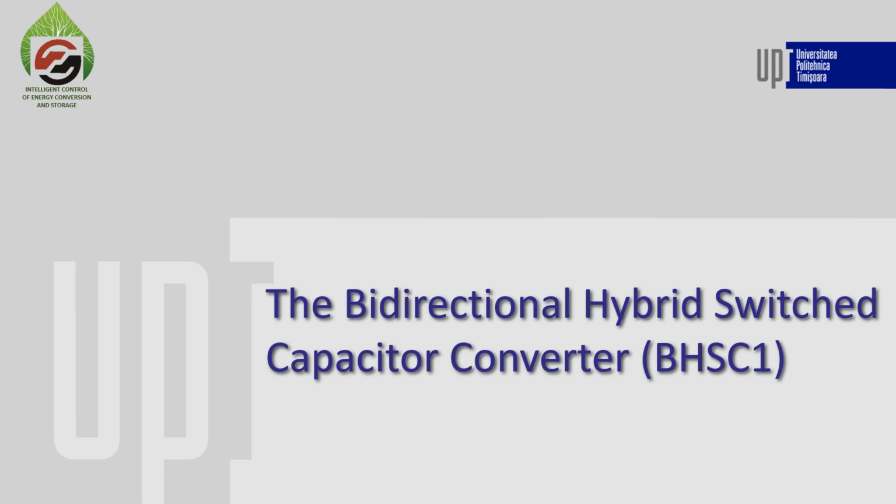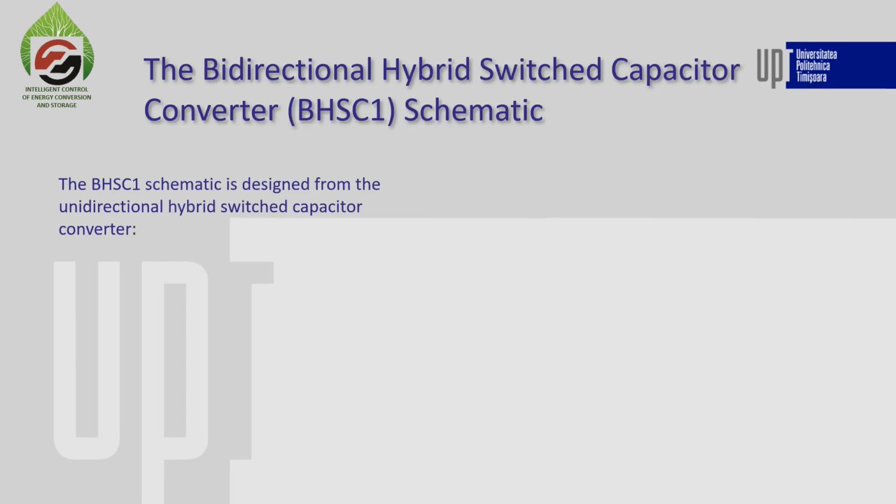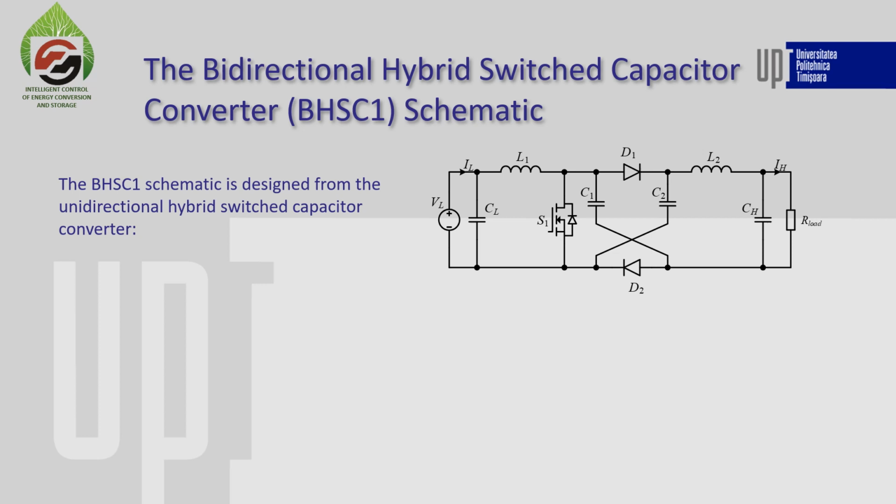In the next slides, we will take a look at the first bidirectional hybrid switched capacitor converter. We see here that the schematic is inspired by the unidirectional design, which uses a switched capacitive cell composed of these two capacitors and the diodes, connected at the output of a boost converter, which we have here on the left.